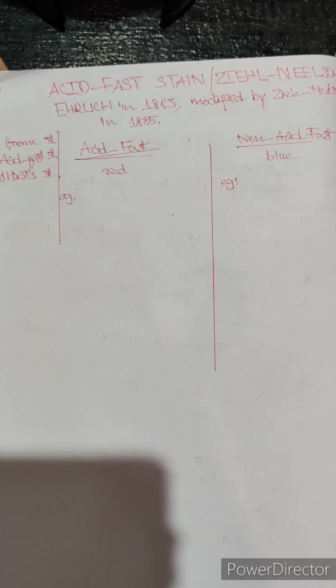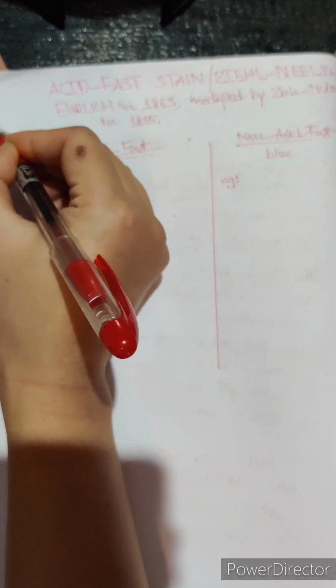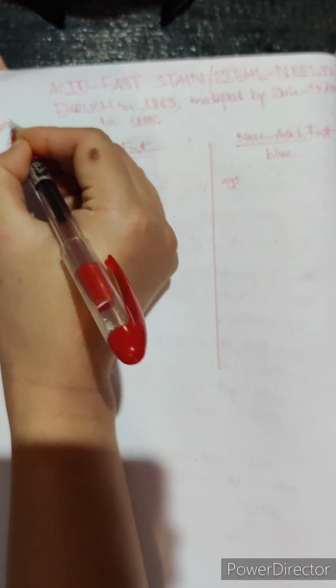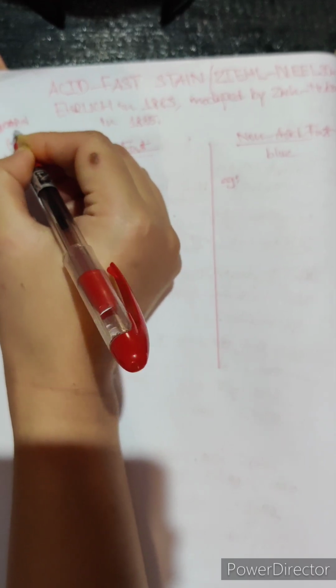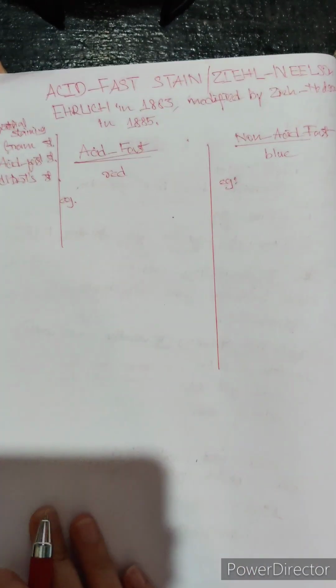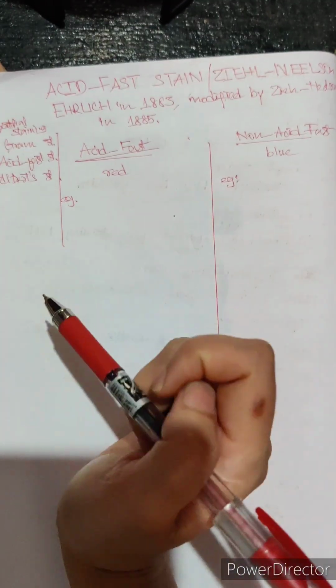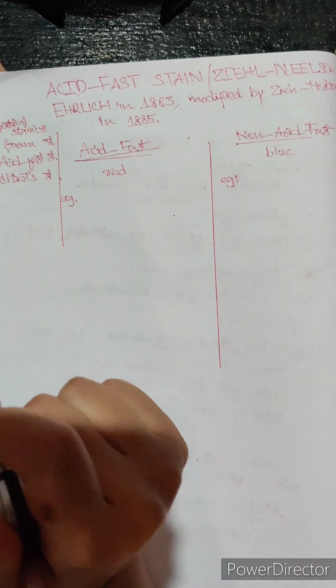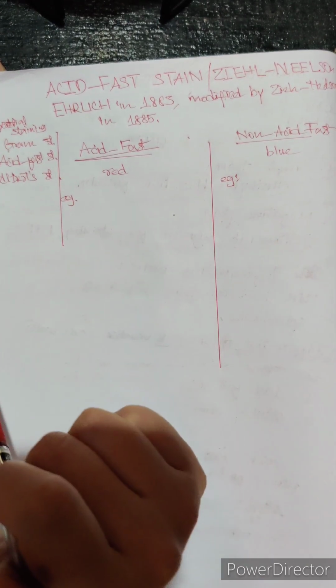Under differential staining, first comes the Gram staining, second is the acid fast stain, and third is Albert's staining.